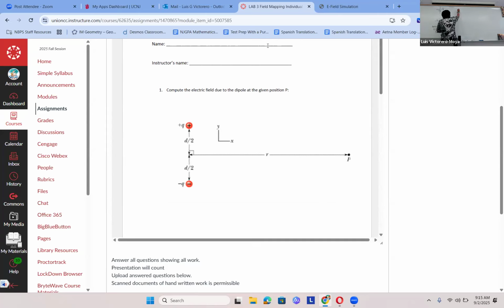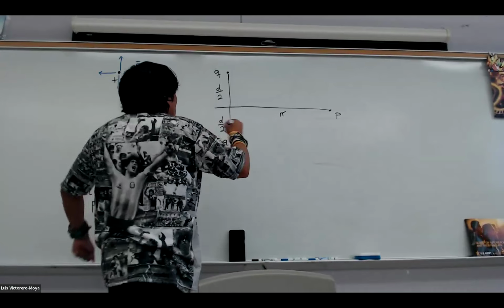If you have the X and Y axis, and they want you to find the electric field at position P at distance R, where this is Q and negative Q. This is D over 2, and this is point P at distance R here. It's kind of what you did in physics 1.